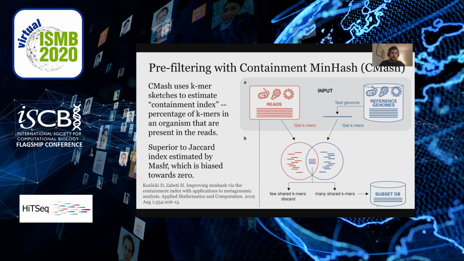And it's been shown theoretically by our co-author, David Kozlicki, that for applications like metagenomic profiling, where there's a big set size imbalance, there's many more k-mers in the reads than there are in any individual genome, the Jaccard index is biased towards 0, so containment index is preferable. A well-known method is MASH, which uses the Jaccard index.